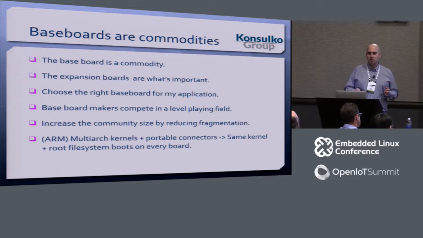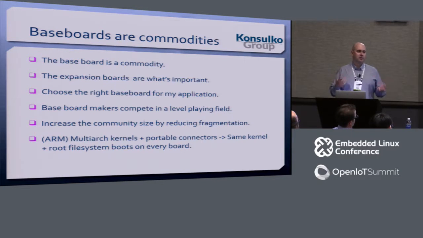So you can make all the baseboard makers compete on a level playing field. So you don't have to have a huge development community just for your own specific baseboard. You can switch boards easily, and that means you avoid all this fragmentation, because each different development board has a different community, the sizes are different, and while people are doing the same thing, they're not actually part of the same community, because it doesn't work.